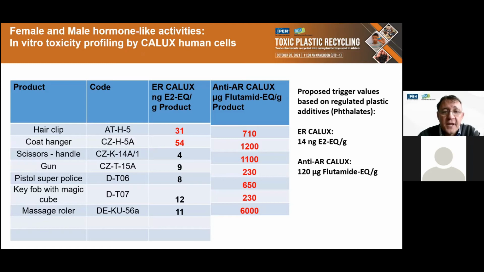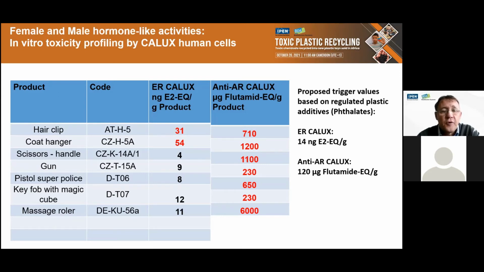Now, our tests are quantitative tests. So if you quantify them in estradiol equivalents, you will see that the levels are between 4 and 45 nanogram E2 per gram product. Now, if you consider the regulated phthalates in the plastic guideline, which are at 0.1%, you can transform this concentration with the potency factors into estradiol equivalents and flutamide equivalents, and then you have a kind of proposed trigger value.